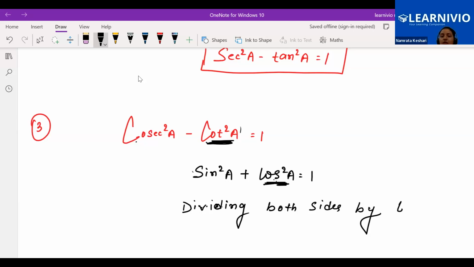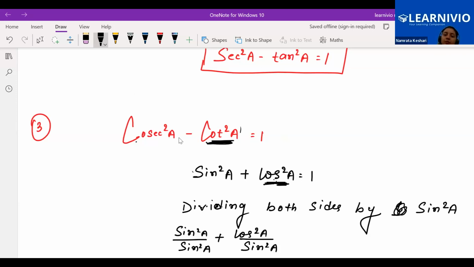To make cot, we need to divide cos by sin. Yes or no? Exactly. This time we will be dividing by sin square A, and you will find that automatically we are getting sin square A by sin square A plus cos square A by sin square A is equal to 1 by sin square A.